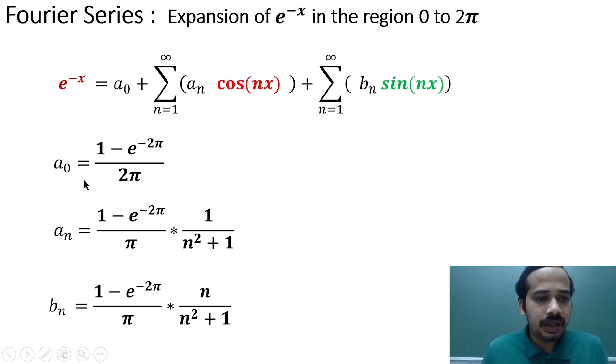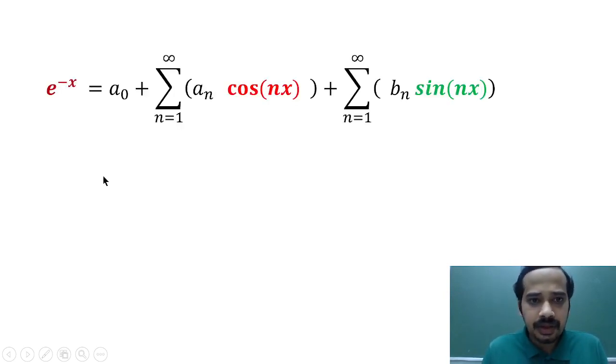So I found this a naught, an and bn here. I have listed them here, and we shall see this one. I have written e power minus x as a naught, taking the n equal to 0 part outside here, and I found the a naught, an and bn values in the case of the 0 to 2 pi region.